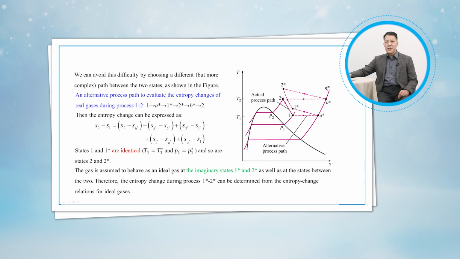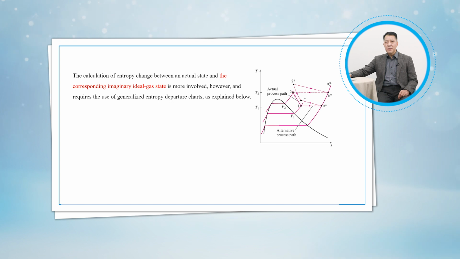Therefore, the entropy change during process 1* to 2* can be determined from the entropy change relations for ideal gases. The calculation of entropy change between an actual state and the corresponding imaginary ideal gas state is more involved, however, and requires the use of generalized entropy departure charts as explained below.